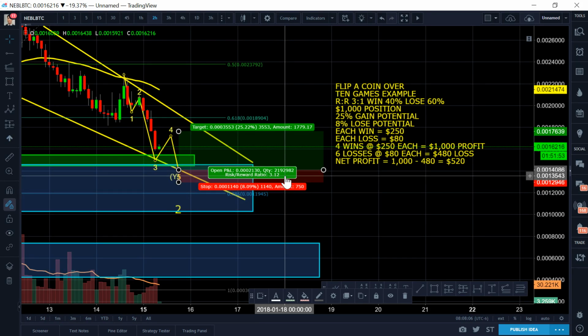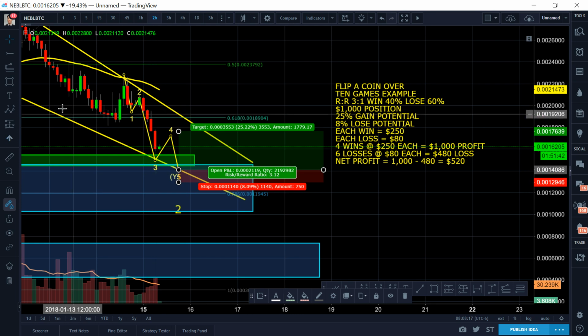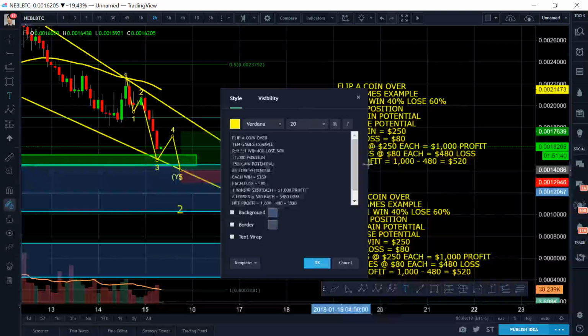So there's a lot of different calculations that we'll get into later as well, such as win trade expectancy formulas. If you're really curious about what it is, I'm gonna go over it.